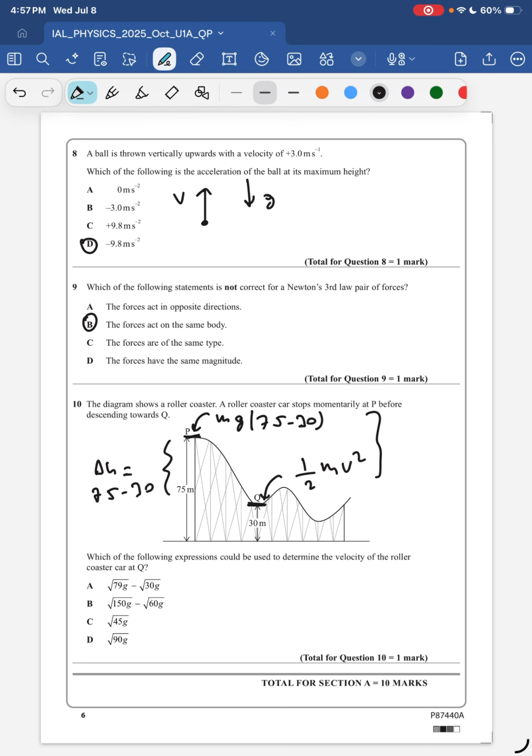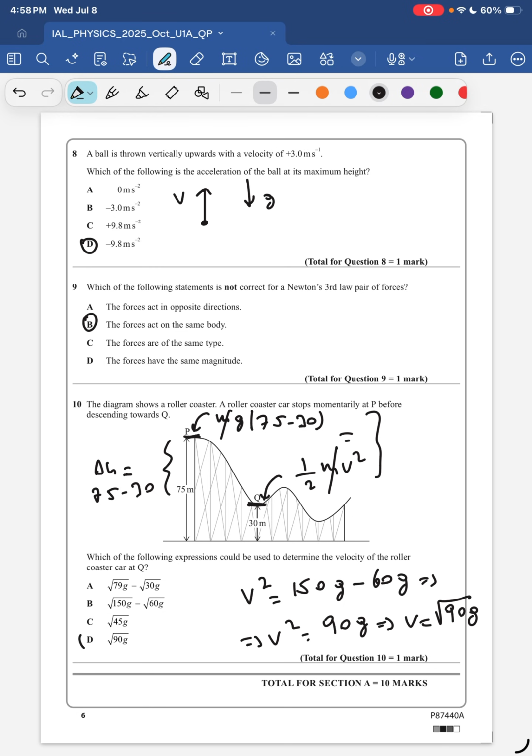So we immediately see that v squared is equal to 150g minus 60g, because m cancels and we transfer 2 to the other side. So v squared is 90g. So v is the square root of 90g, which is D. The other options are weird. I don't know why they are there.